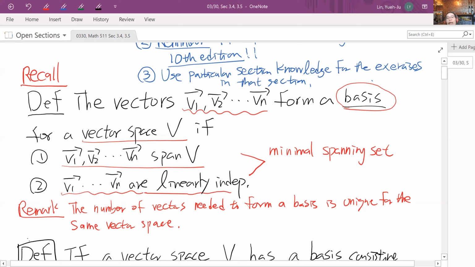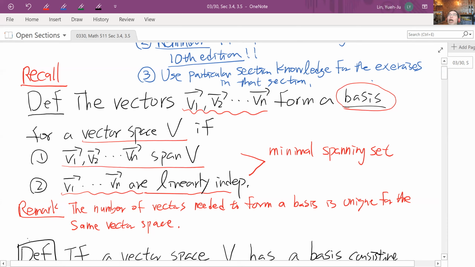And then, if you know that you need n vectors, whatever the number is, to form a basis for a particular vector space, then this number of vectors is unique. Basically, first, a set of bases is not unique. For example, in R3, we can have the standard basis, which is (1,0,0), (0,1,0), (0,0,1).